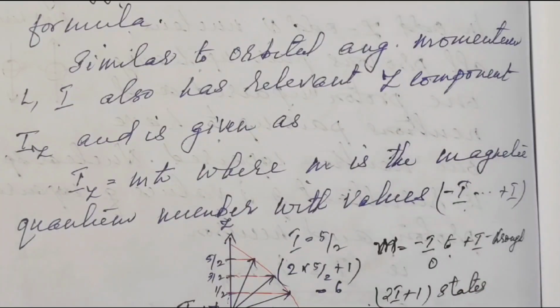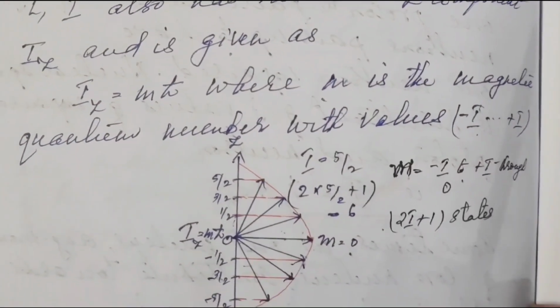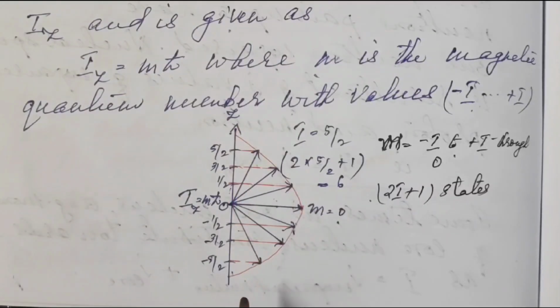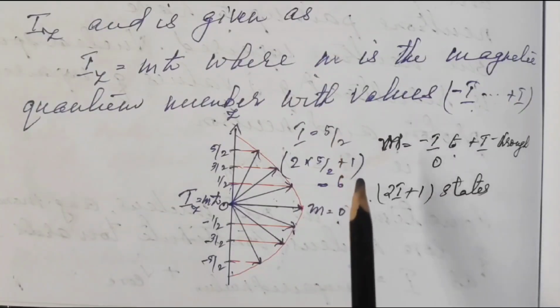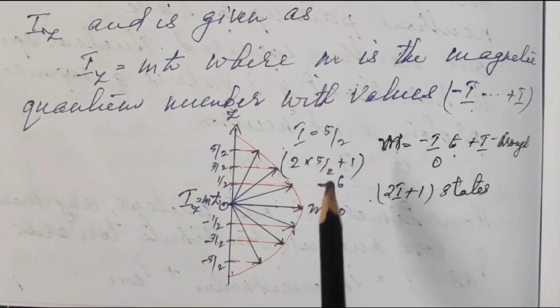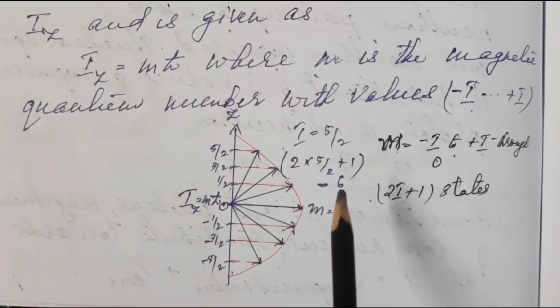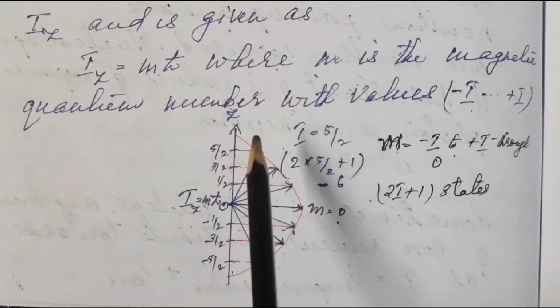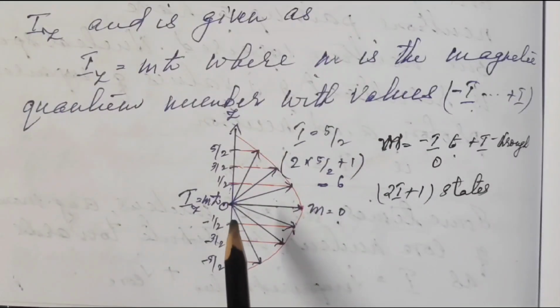Here, let us consider a nucleus with I equal to 5 by 2. In an external magnetic field in the direction Z, this is the direction of the magnetic field applied, this nucleus with I equal to 5 by 2 can orient in 2 into 5 by 2 plus 1, that is 6 directions, from minus 5 by 2 to plus 5 by 2 through 0.